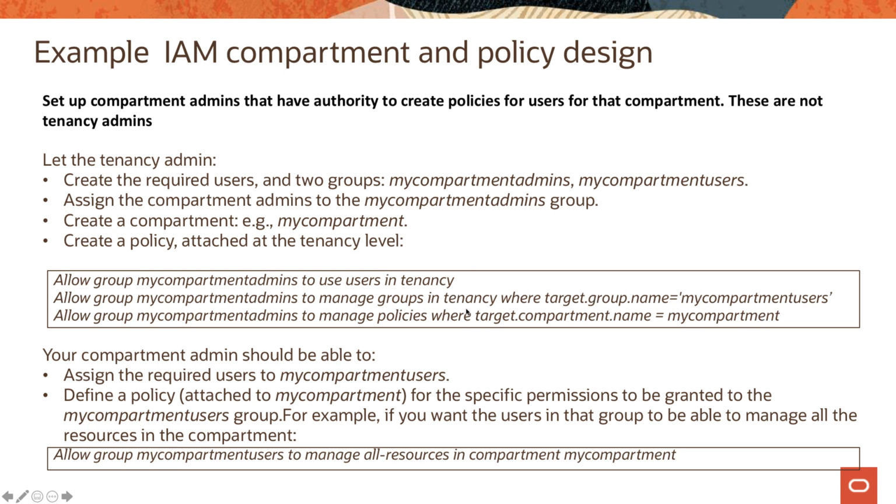Right, so with this in place, and this policy should be attached at the tenancy level. And once in place, they are able to assign the required users to My Compartment users group, and they are able to define IAM policies for their compartment and attach them to My Compartment only, in which very specific permissions can be granted to the My Compartment users group.